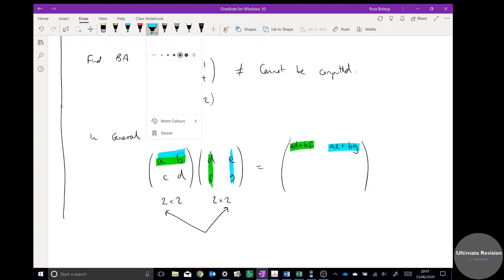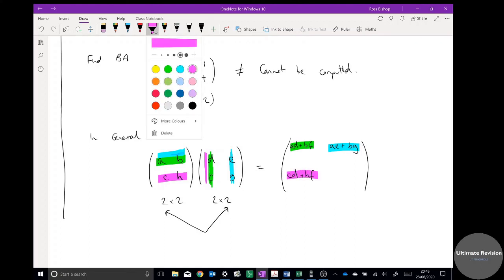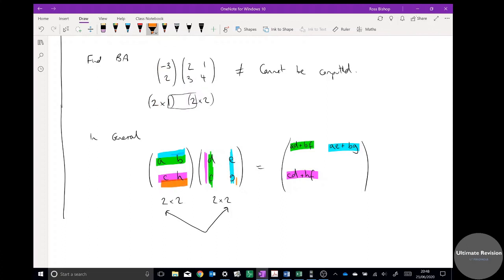If we go pink, the bottom left will be the bottom row times the left-hand column, so that's going to be CE plus DG. And the bottom right, if we go orange, will be the bottom row times the right-hand column, so it's going to be CF plus DH.